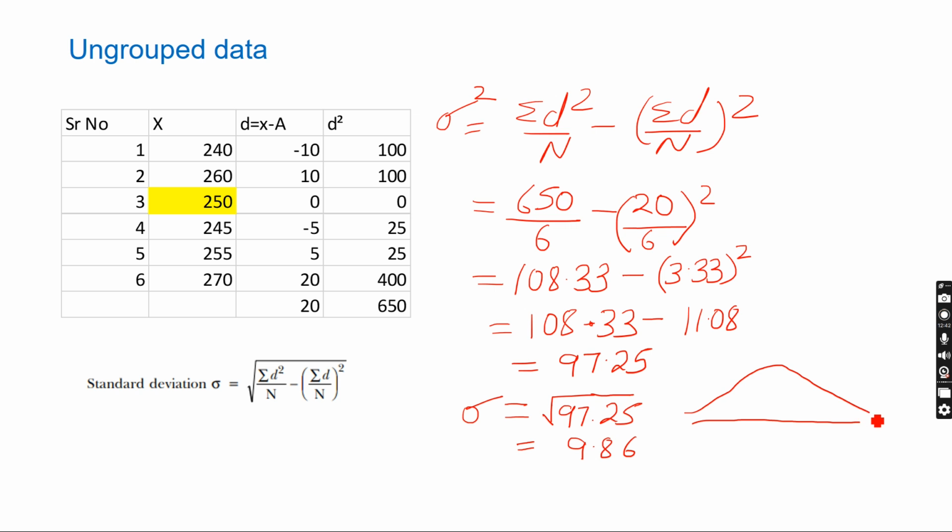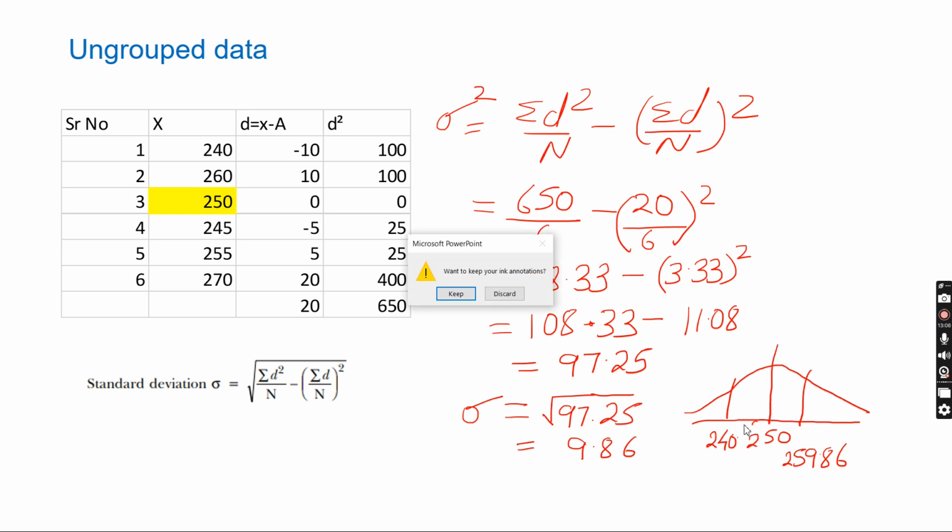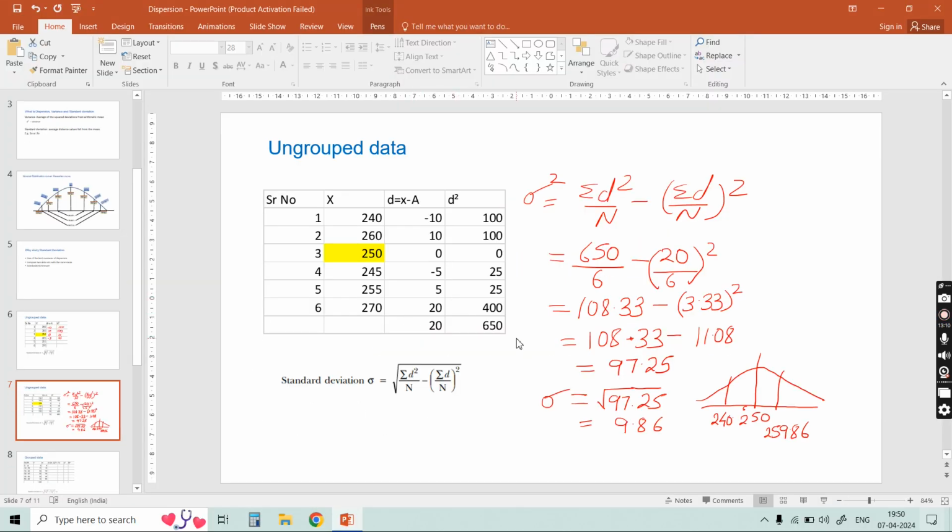In simple words, let me draw the normally distributed curve. If these are my observations and say this is my mean, 250, I have one standard deviation, that is 250 plus 9.86, that is 259.86. And on the lower side, it would be 250 minus 9.86, so approximately 240.05.